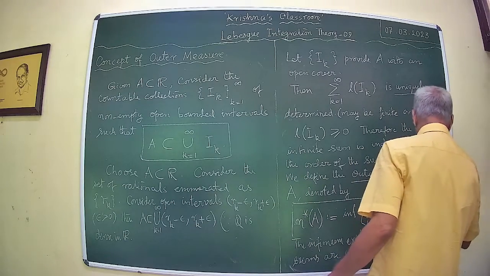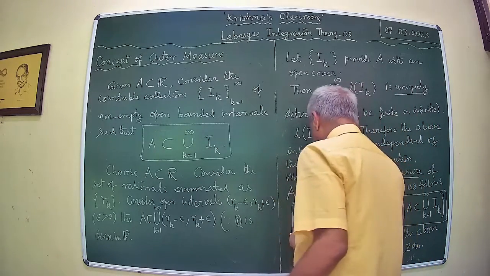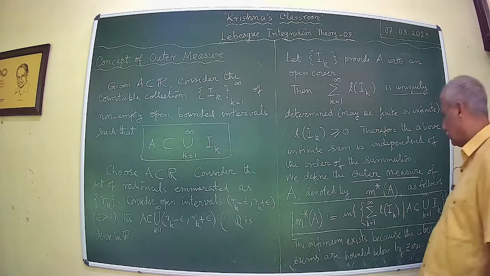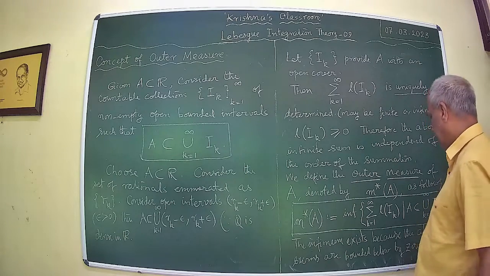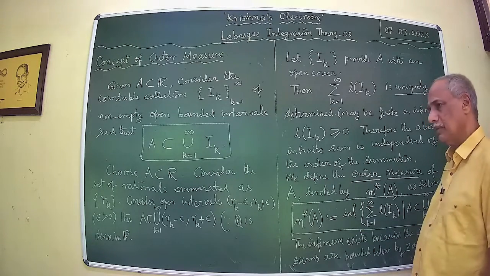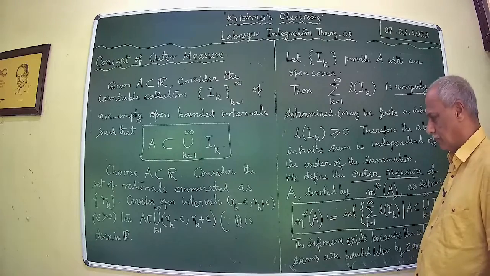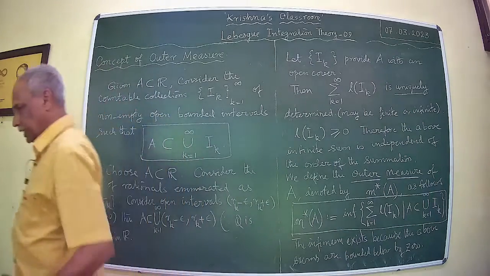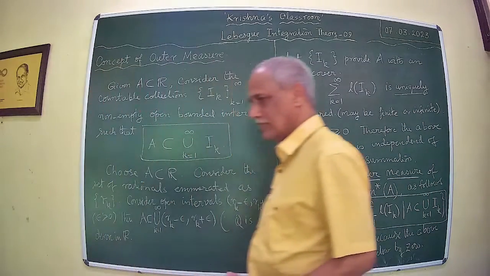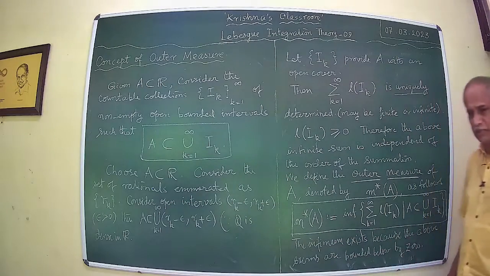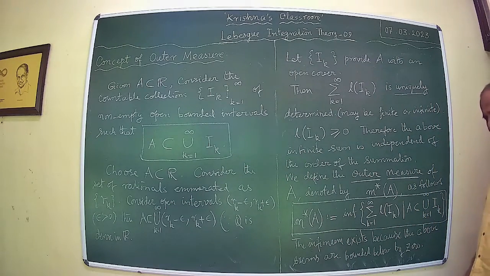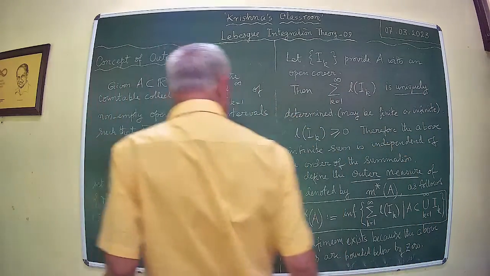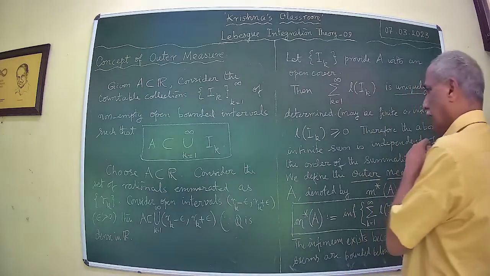What have we done? We have packed A into the union of a collection of open intervals, and then taken the sum of the lengths of these open intervals. Now do this for every possible packing of A and take the infimum of all these numbers. For various packings it is going to be various numbers, but all of them are bounded below by 0, therefore the infimum exists. That infimum is defined as what is called m star.